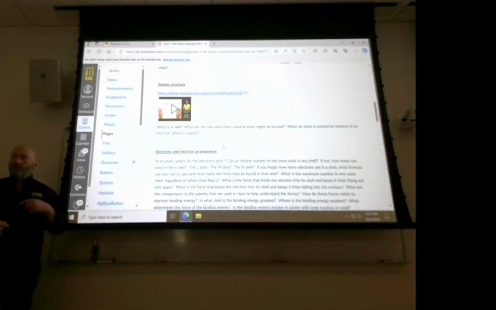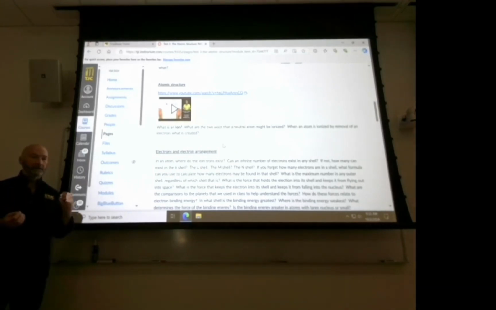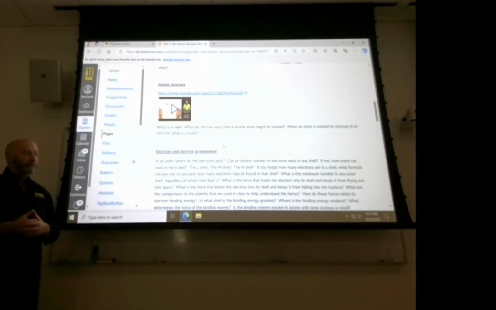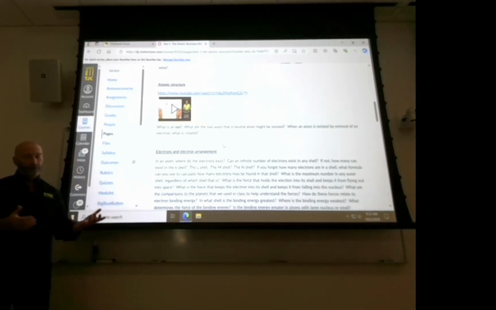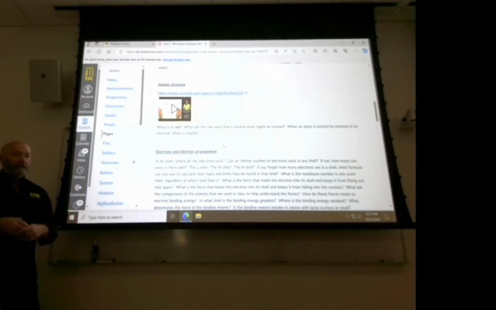The protons were inside the nucleus, and they were compared to the electron as far as size goes. What do we say about them? Huge, right? They're massive. Same with the neutrons. But the neutrons, again, until we get into radioactive decay, they just don't really play a part except for adding size to the nucleus of the atom.